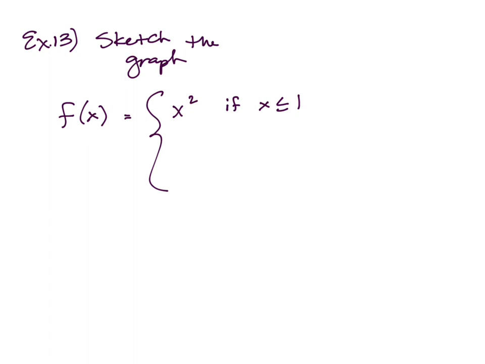F of x equals 3 if 1 is less than x is less than or equal to 2. So in other words, if x is between 1 and 2, my function looks like 3. And lastly, f of x equals x if x is greater than 2.